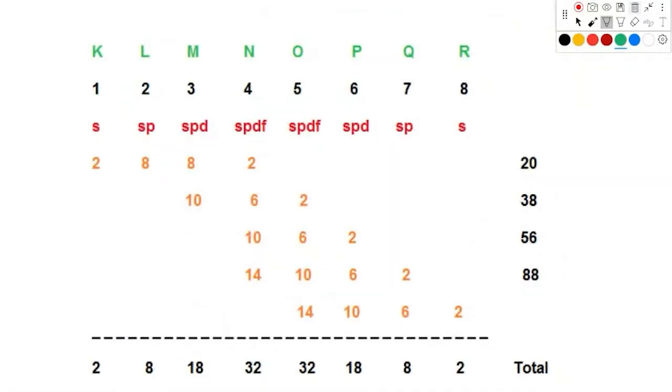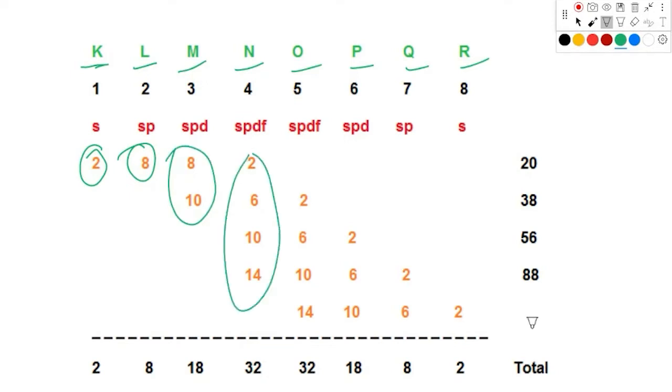And this is how we fill in the electrons in each layer. So K, L, M, N, O, P, Q, R. The total electron count is here, or you can see the calculator here.